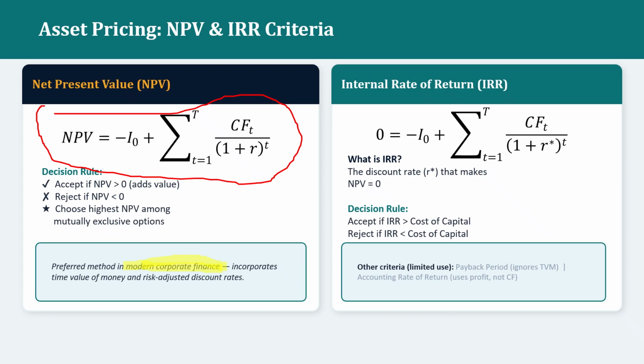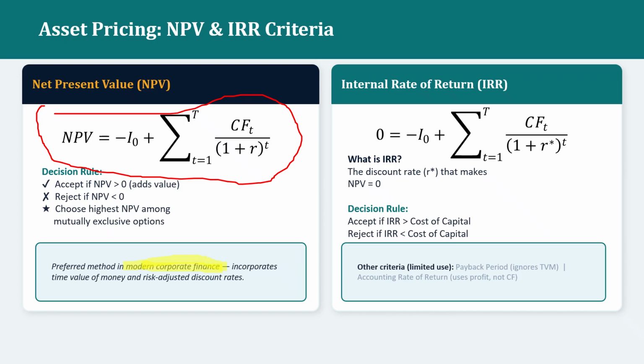Other criteria that you may see in textbooks are the payback period and the accounting rate of return. The payback period simply measures how many years it takes to recover the initial investment from the project cash flows, and it ignores the time value of money and cash flows beyond the payback cutoff.